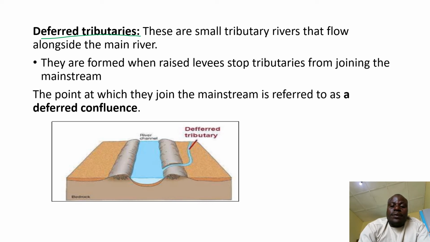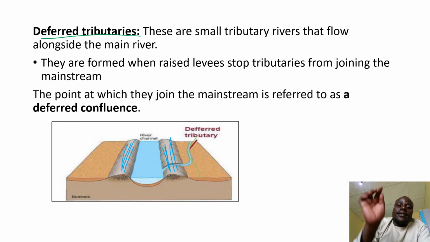Take an example, look at this diagram. These are levees at the two banks of the river. Because they are raised, they stop the flow of the neighboring river, which was formerly entering the main river, and this river begins flowing alongside the main river because its head was blocked by the levees.